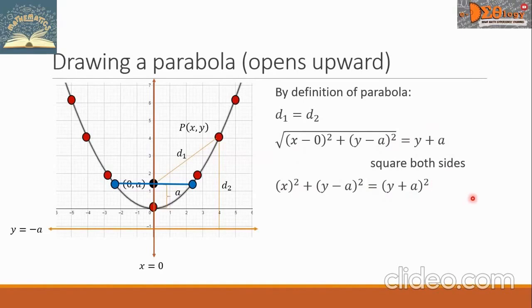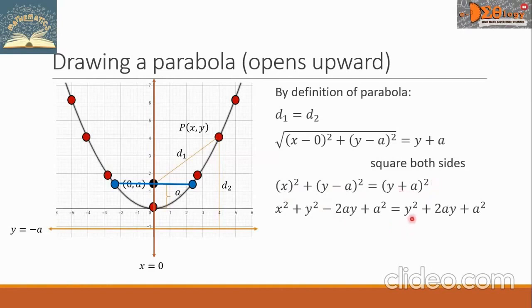Simplifying further, let us expand the squares. On the left side, we have this x squared, we'll just copy. And the square of y minus a now becomes y squared minus 2ay plus a squared, equals the right side, the square of y plus a.